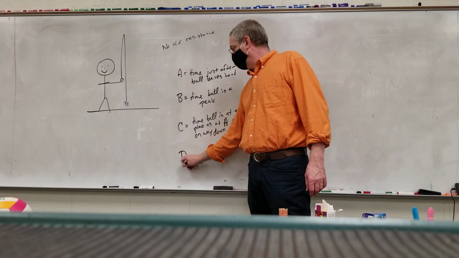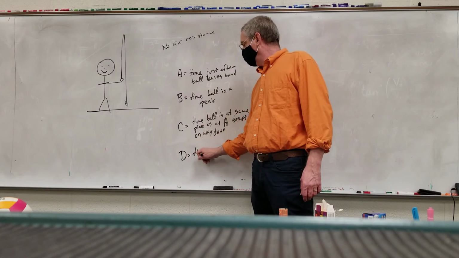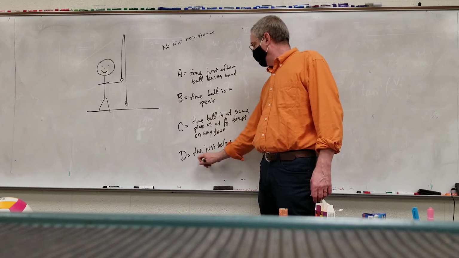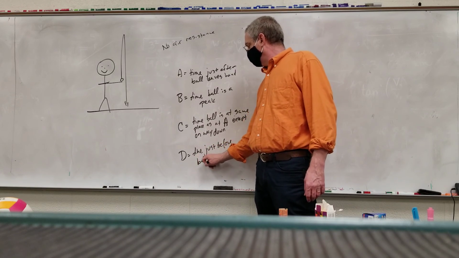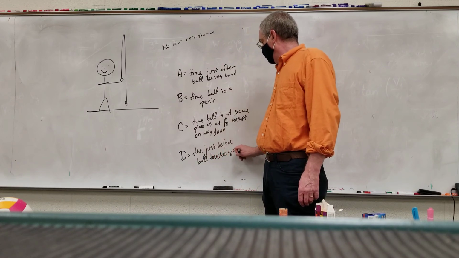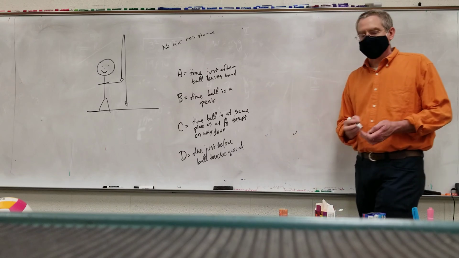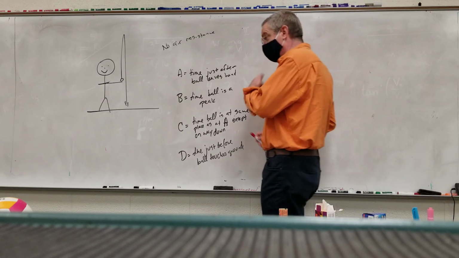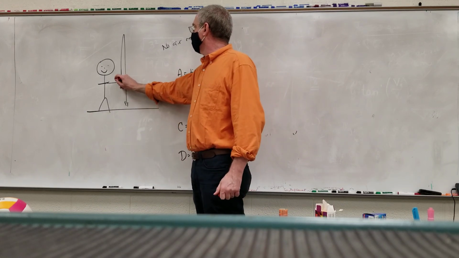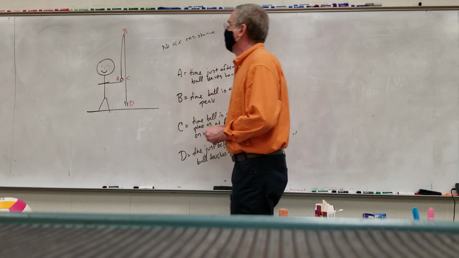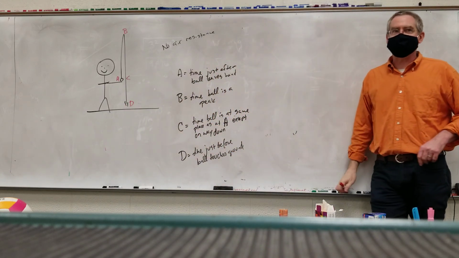And then D is the time just before ball touches ground. So I would note this on the diagram by just putting an A here, B, C, and D. These are just moments in time.